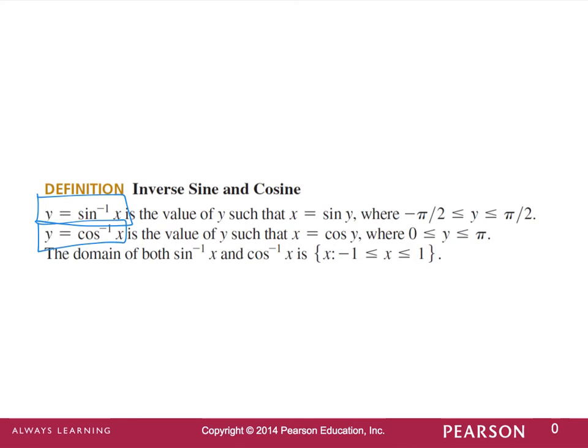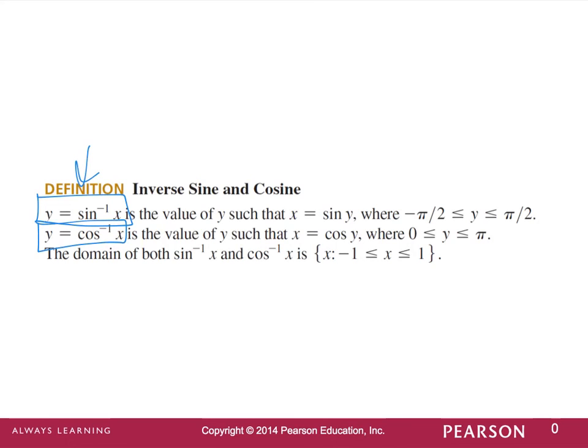I think it is stupid because it causes confusion. Because a lot of people, when they hear inverse, they think of multiplicative inverse, and they think the inverse of sine is cosecant. Well, no, that's not correct. Yes, the multiplicative inverse, the reciprocal of sine, is cosecant. And so I don't like this notation because it gives that confusion.